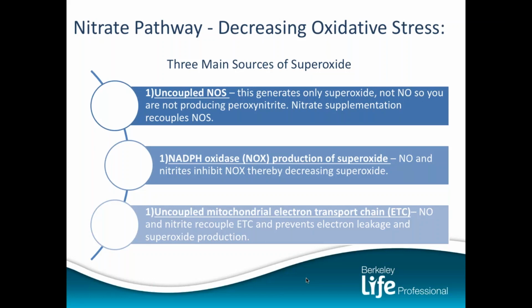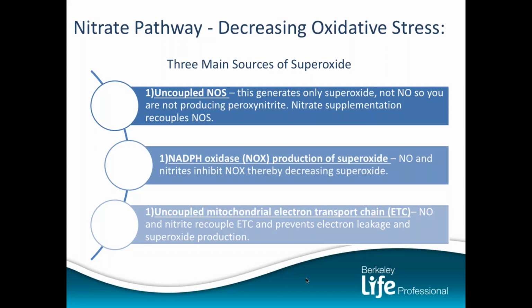And ONOO, which is a peroxynitrite molecule, can isomerize, can change its configuration into NO3, which is nitrate, which is inert.